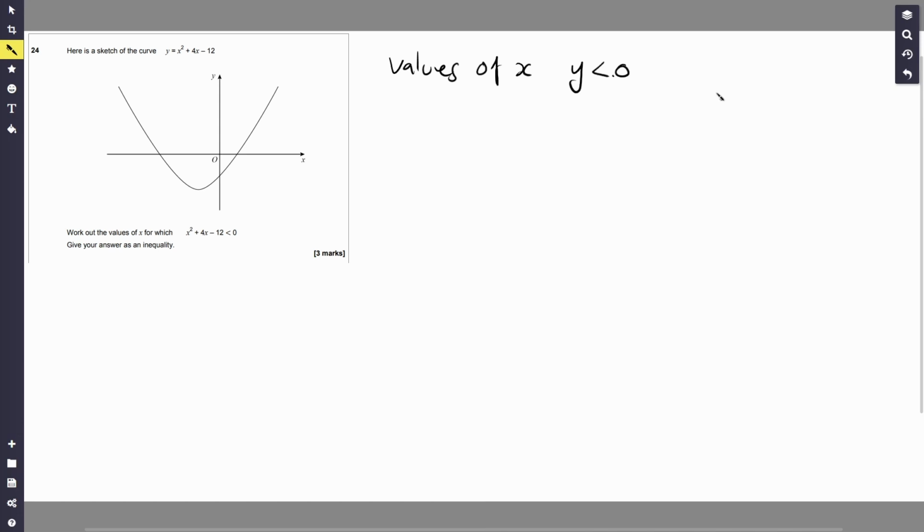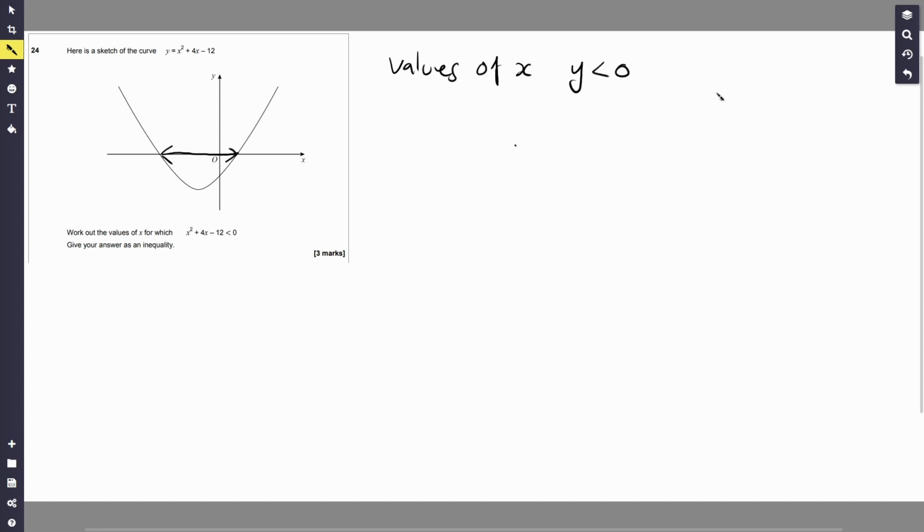So all these values under the x-axis are when y is less than 0. So those are going to be the values of x within this region of the curve. There we go. So we want an inequality of all these values of x.